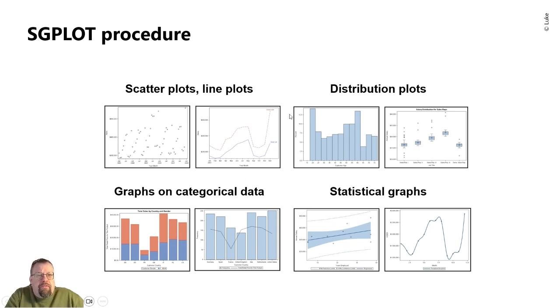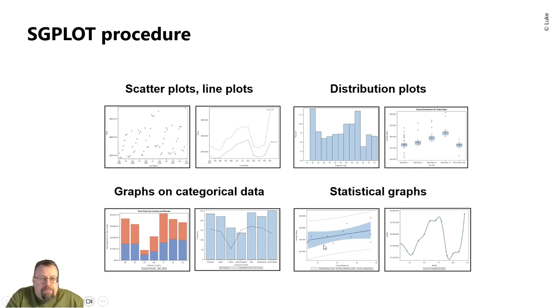We can do different kinds of distribution plots. Here is a histogram and a box plot. Then we could produce graphs that are specifically useful for examining categorical data, different kinds of bar charts, for example. And then there's different kinds of statistical graphs like we have here.